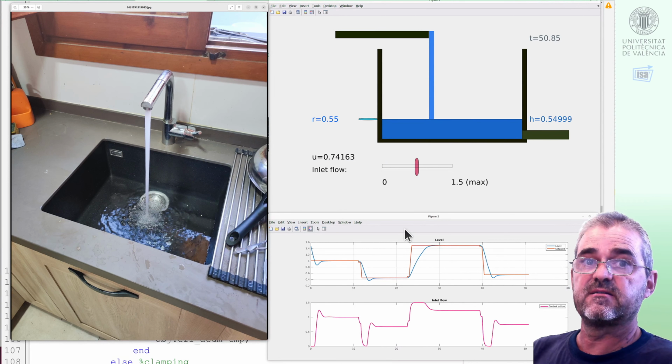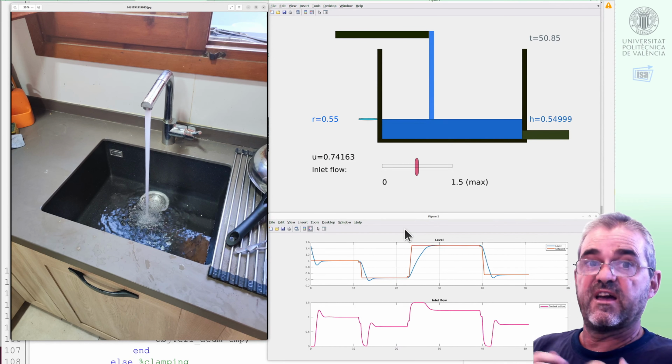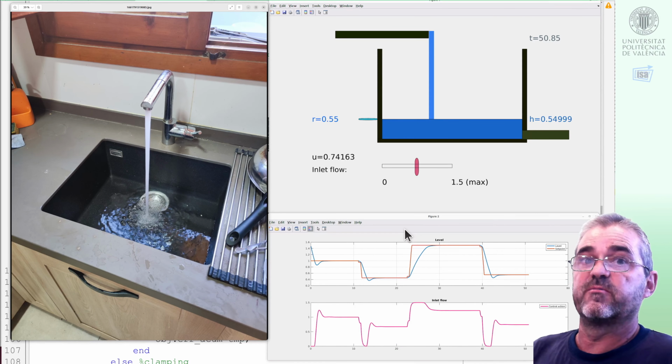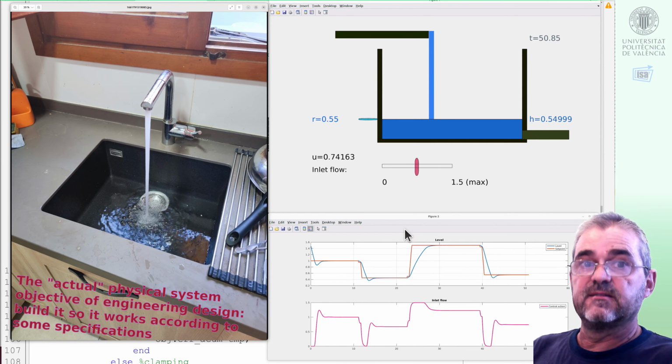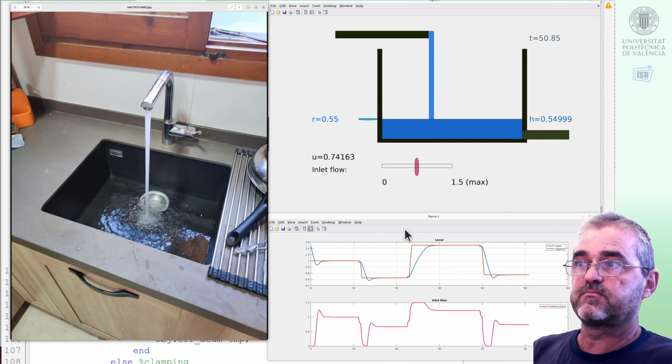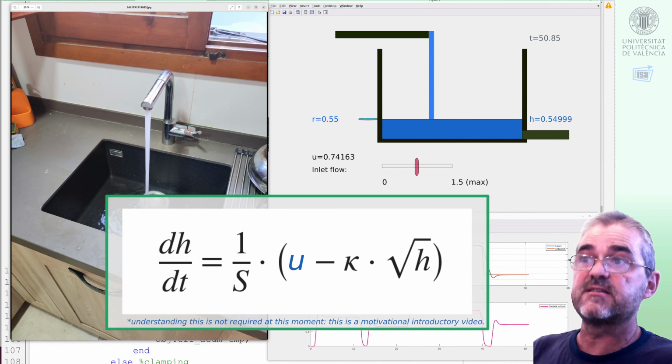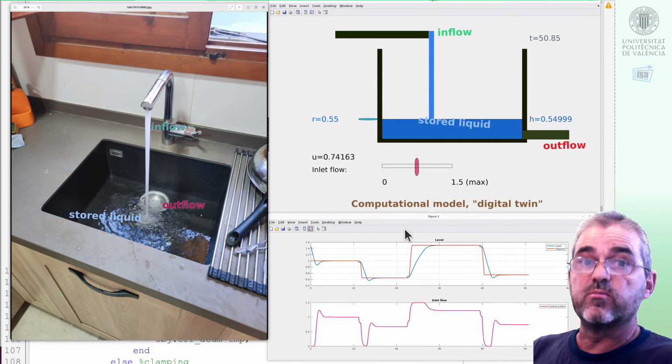And we'll finish it now by just summarizing in half a minute what we have said in this video. We have discussed with no formula what is a physical industrial system, what's a mathematical model of it, and what's a computational simulation digital twin model that is implemented in software.